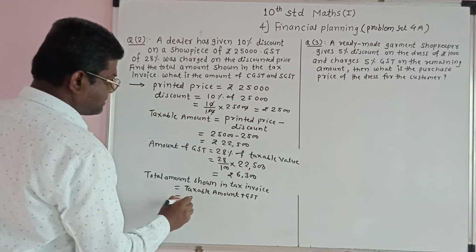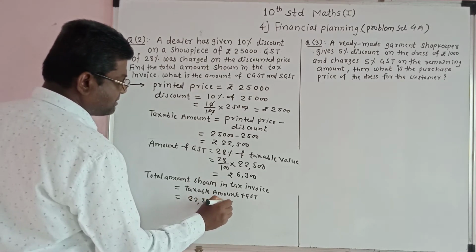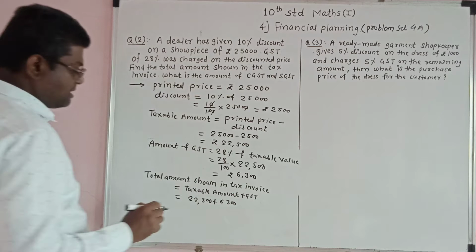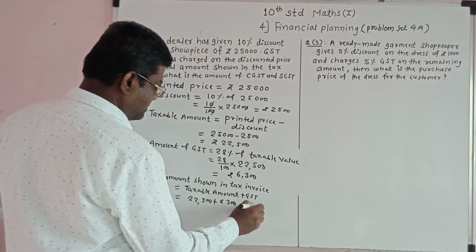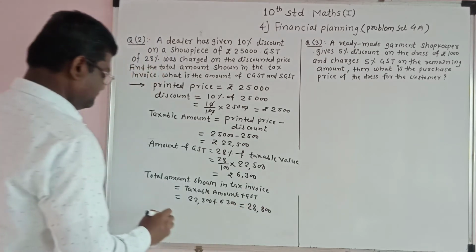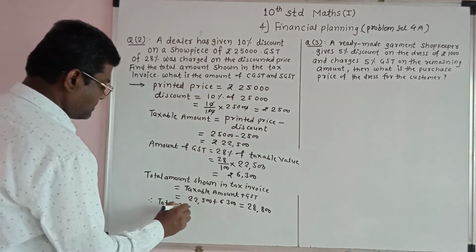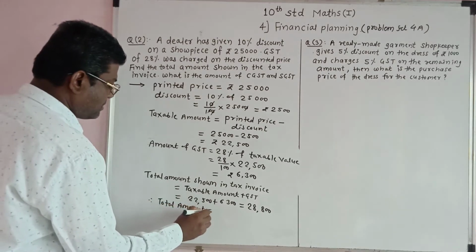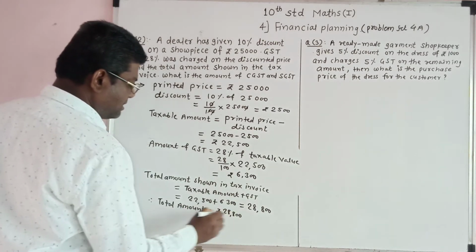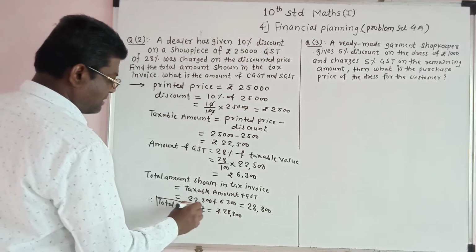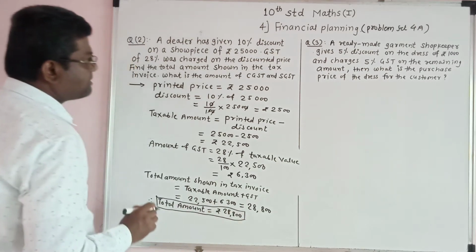Taxable amount is 22,500 plus GST is 6,300, so it will be 28,800. Therefore, we have total amount equal to rupees 28,800. This total amount is to be shown in the tax invoice.